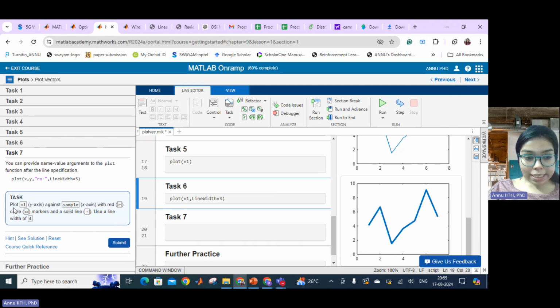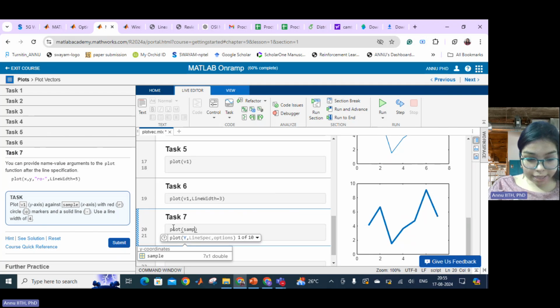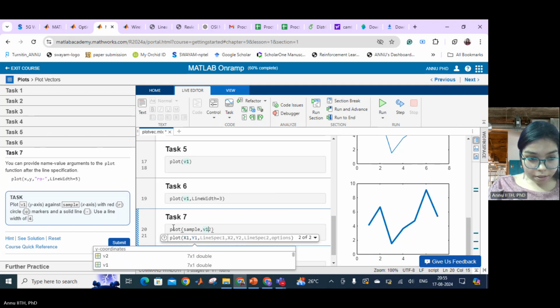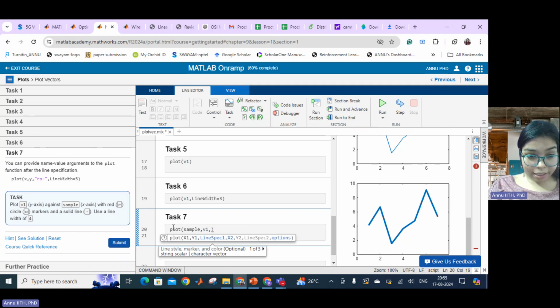So yeah, your task is plot V1 with red and solid line, circle markers, use the line width of this one. So it is asking plot sample. Since this is x-axis, right? This is V1. This red circle and solid line.